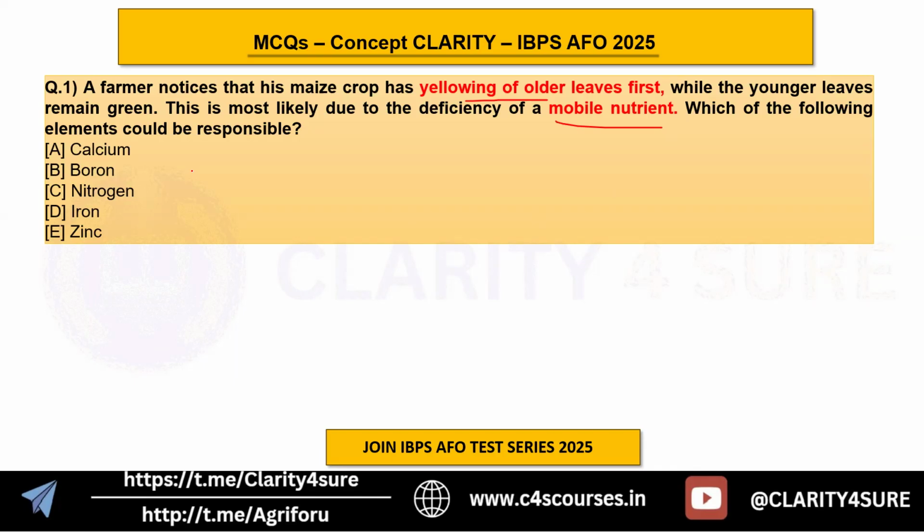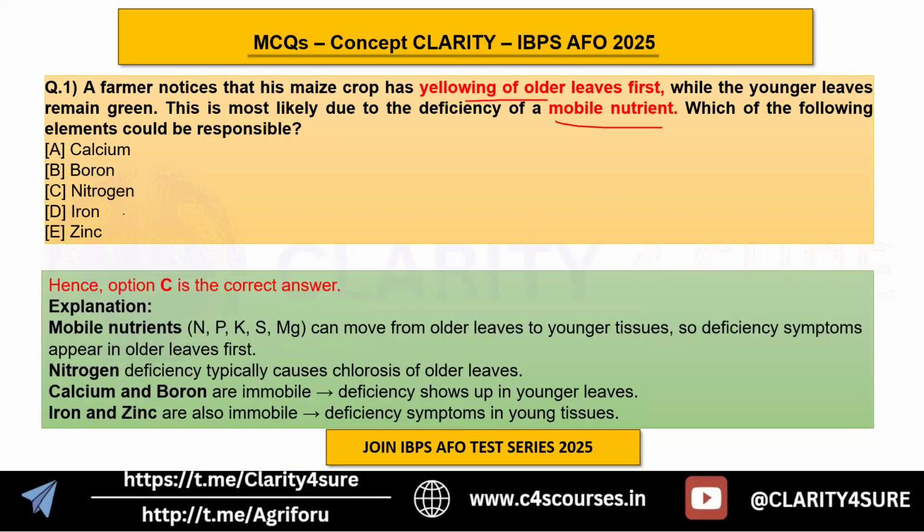The answer for this question would be option C, which is nitrogen, because mobile nutrients, for example NPK, sulfur, and magnesium, can move from older leaves to younger tissues. So deficiency symptoms appear in the older leaves first. Nitrogen deficiency typically causes chlorosis of older leaves.